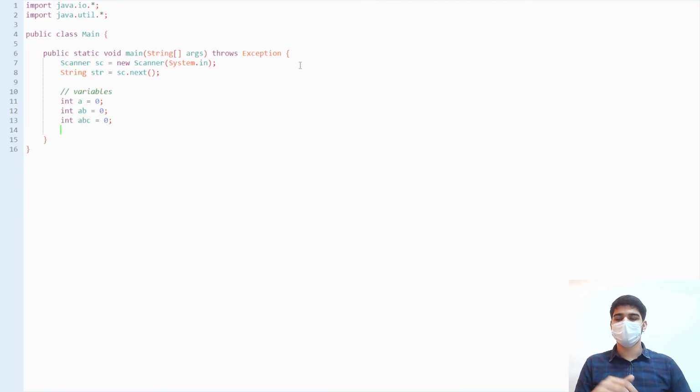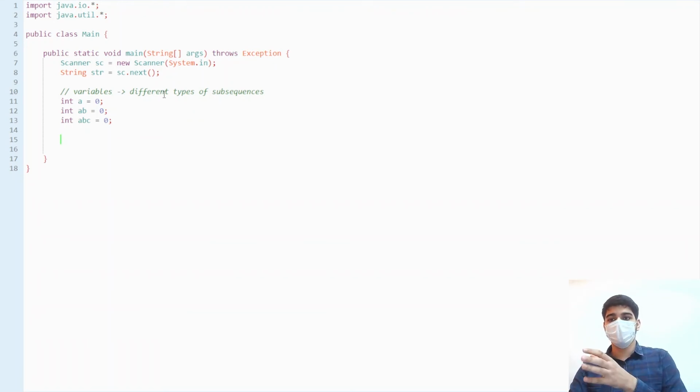These three variables are associated to different types of subsequences. So a is a plus, ab is a plus b plus, then we have a plus b plus c plus, and so on. Now we have to calculate from 0 till n, which is the length of the string.